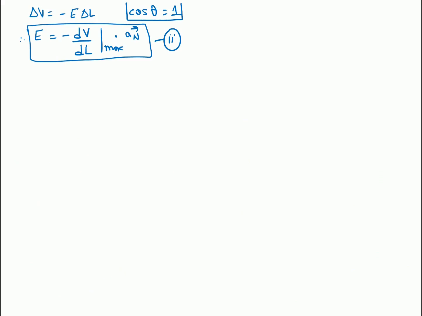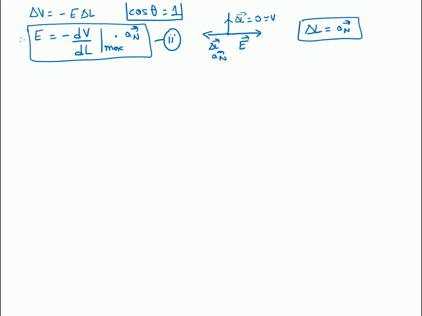Again, if we look at the second equation, the negative sign says that the electric field exists if the direction is opposite to it. So if this is the electric field, this is the delta L, which is now being replaced by the normal vector, and this is the perpendicular where we don't want to go because this will result in the potential being 0. Now we move on to another step, keeping in mind that for equation 2 delta L is now replaced with the normal vector a_n.